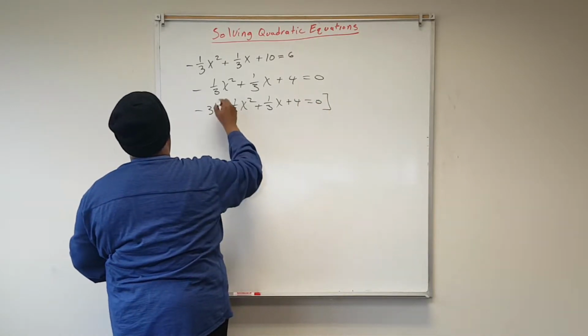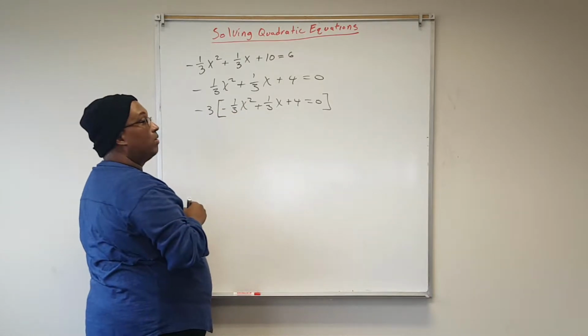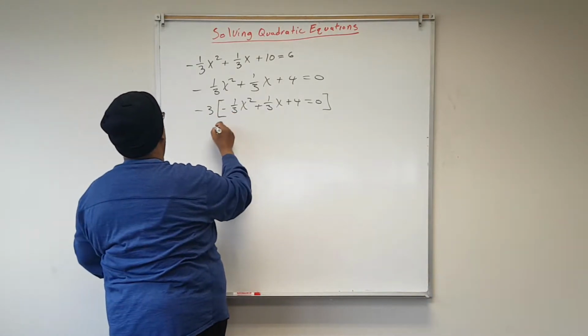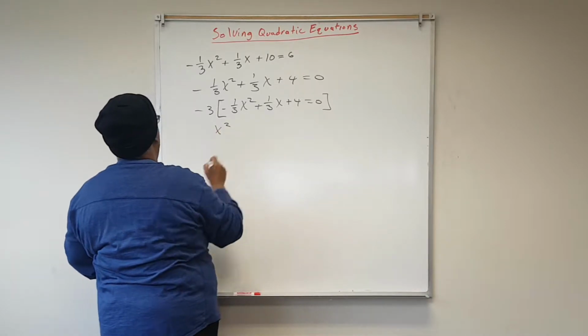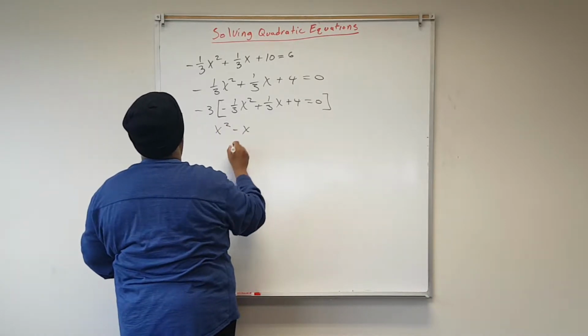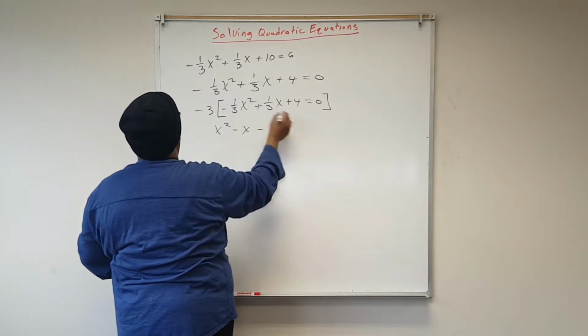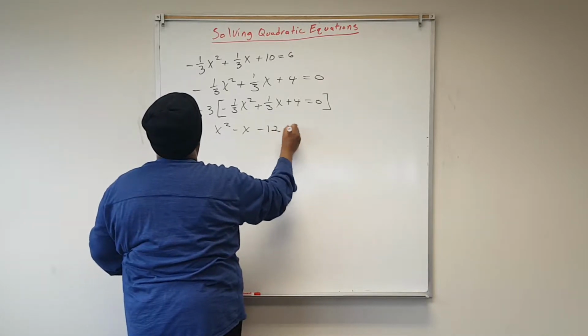Multiplying the whole equation by negative 3, we get x squared minus x minus 12 equals 0.